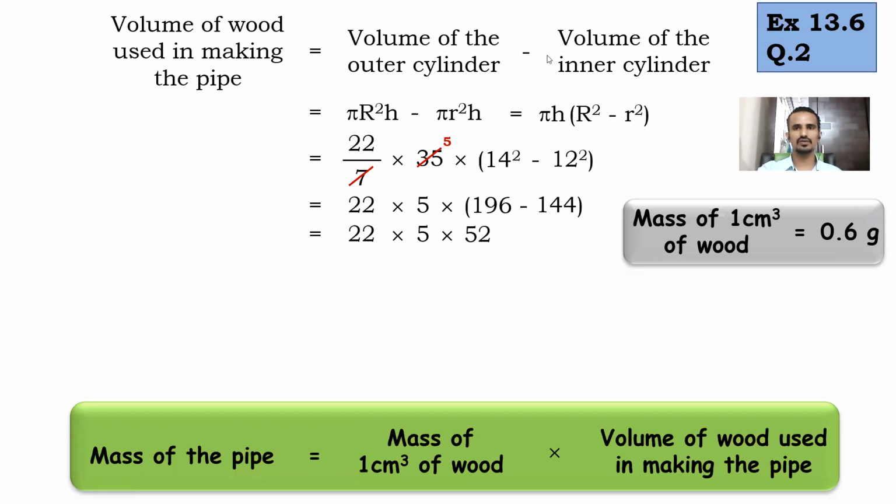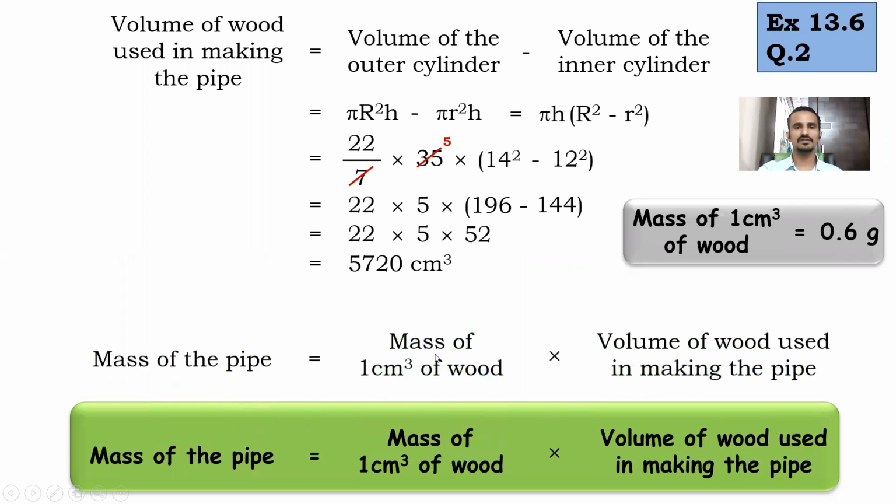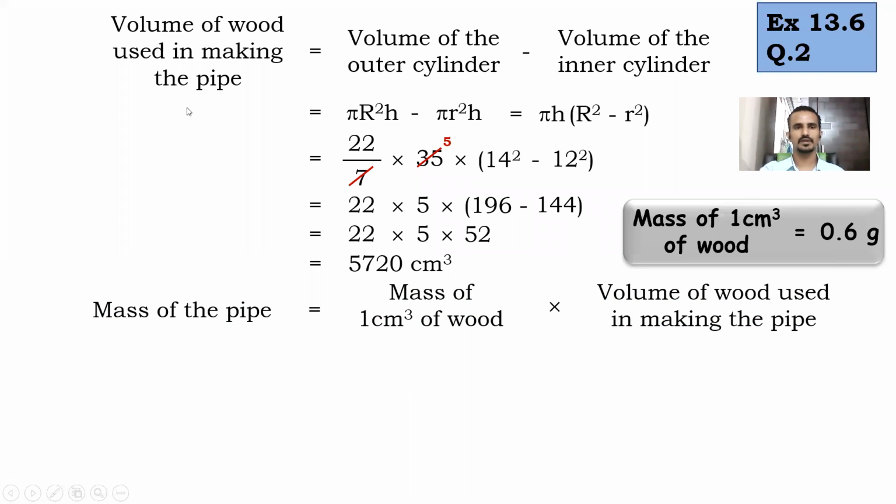Let's do this multiplication. So when we multiply, we get 5,720 centimeter cube. So 5,720 centimeter cube is the volume of wood.